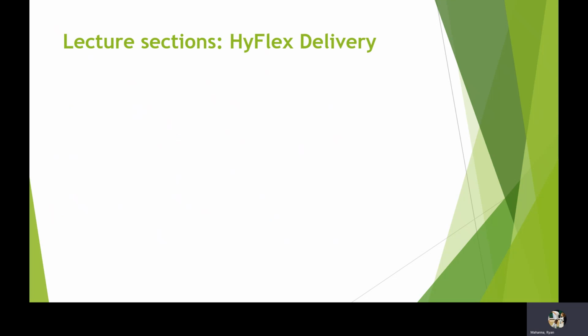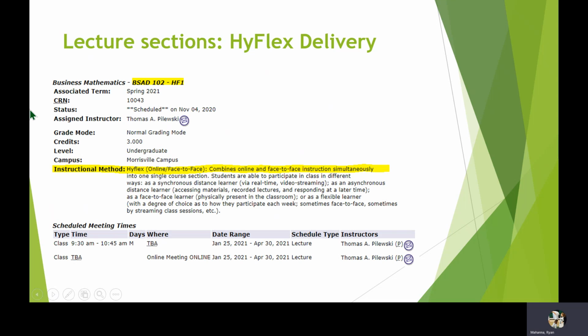So a HyFlex, what does that look like? Because those are a little more rare. This course, BSAD 102, is an HF1, and you see here it combines online and face-to-face instruction simultaneously into one single course section. This does have a meeting time, so there's going to be the option to meet in that space.